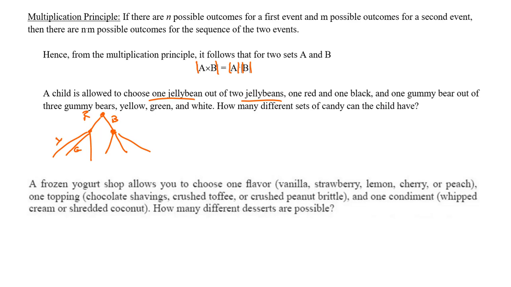So he may choose black and then have 1, 2, 3. So what do you have here? The question is, how many different sets of candy can the child have? As you see, 1, 2, 3, 4, 5, 6 of them. Or a simple way is we could say he chooses 2 at the beginning and then he will choose 3, which is 2 times 3, which is 6. And this is the multiplication principle.